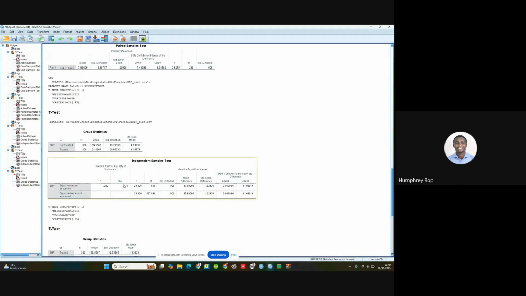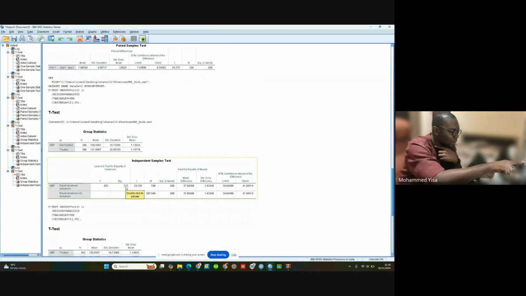So the mean in those who are not treated is higher. The average for those who are not treated is higher than the average for those who were treated. So you have a positive value of your difference in mean, right?